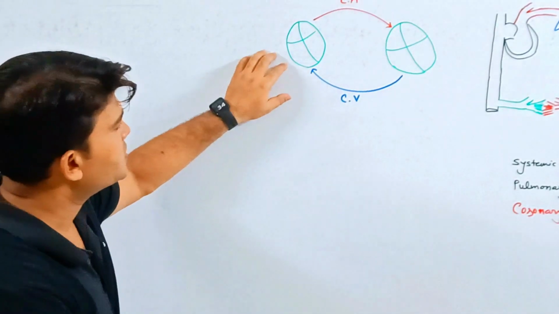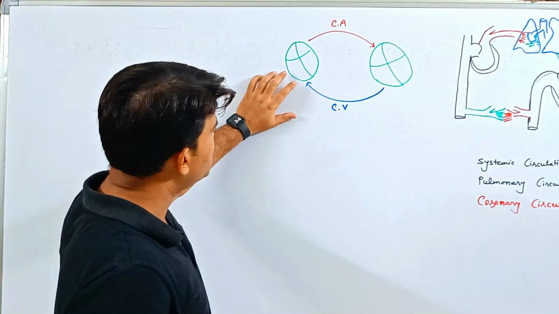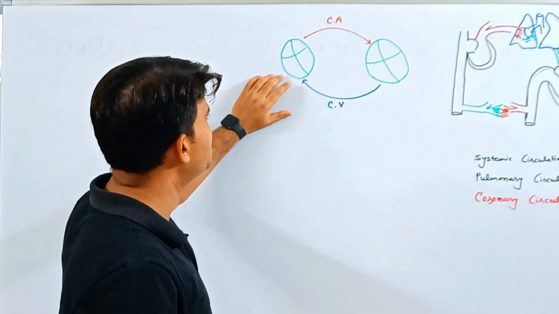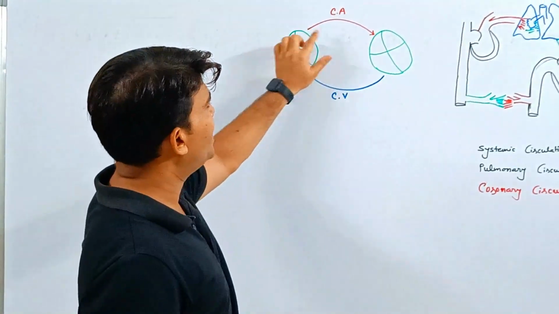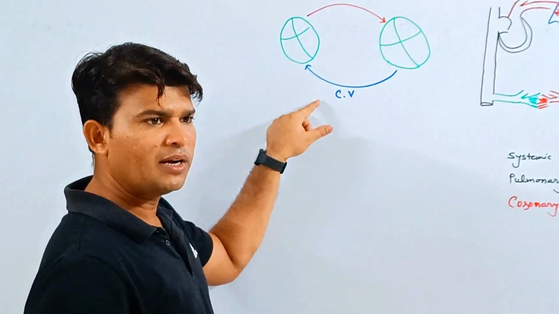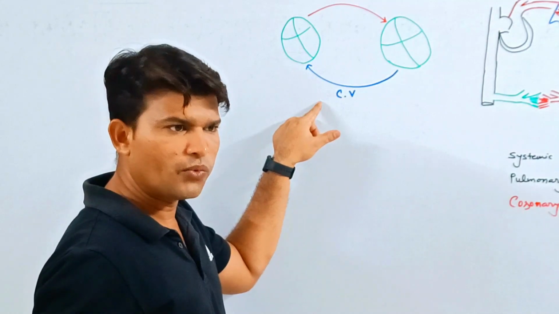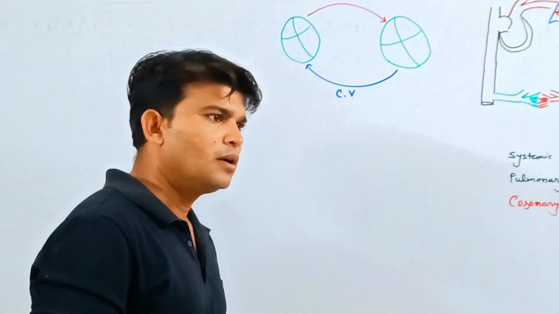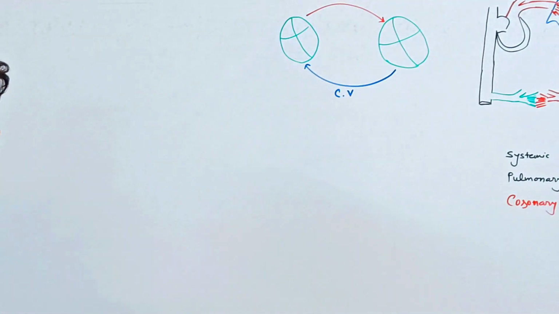So again, what is coronary circulation? Coronary circulation is circulation within the heart, which is supplied by the coronary artery and drained by the coronary veins, right? That closed and small circulation is called coronary circulation.